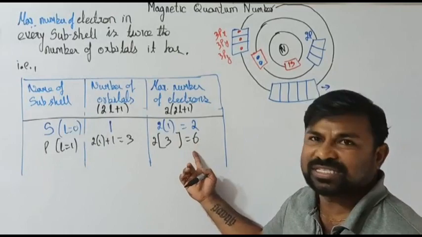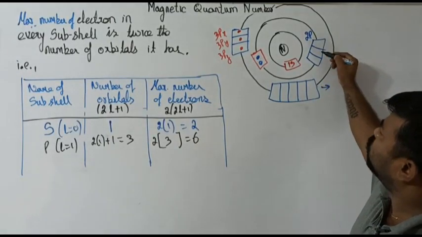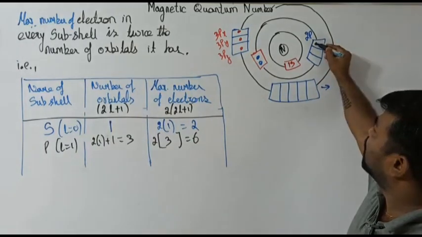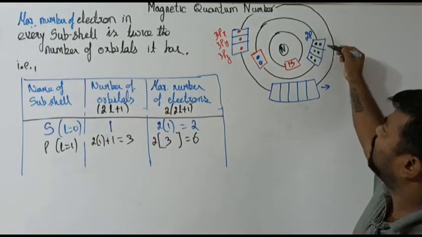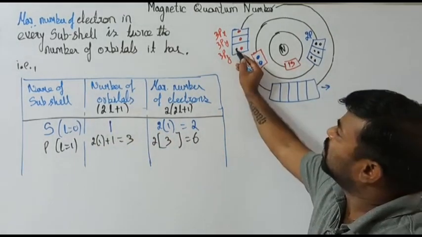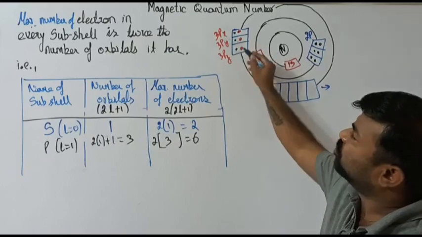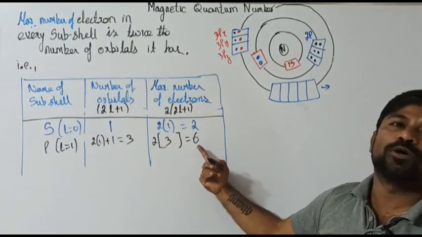The maximum number of electrons is 6. Let us check it out. So if you take 2px, 2py and 2pz, we can accommodate maximum 2, maximum 2, maximum 2. Totally how many can be accommodated in the p orbital? It is 6, whether it might be in 3p or 2p, whatever it might be, the maximum number of electrons that can be accommodated is 6.